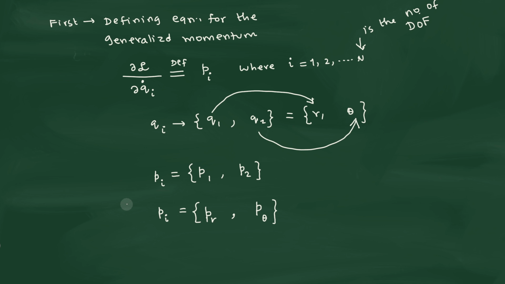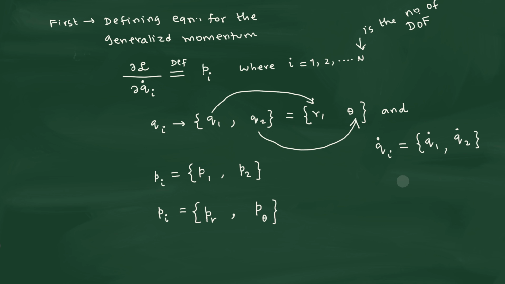This is very important, because in the defining equation you see there is a qi dot and a pi. So we need to know these things clearly. The corresponding dotted variables are not a problem; you can always keep the dots. So qi dot means q1 dot, comma, q2 dot.